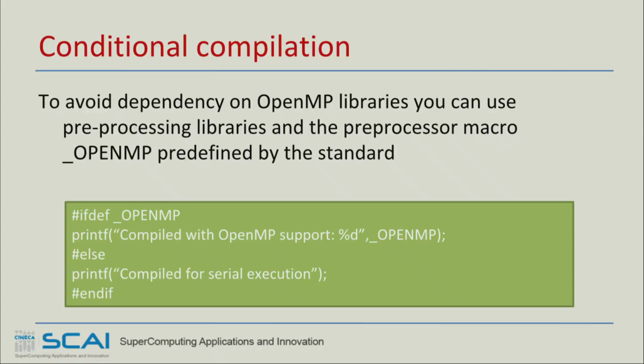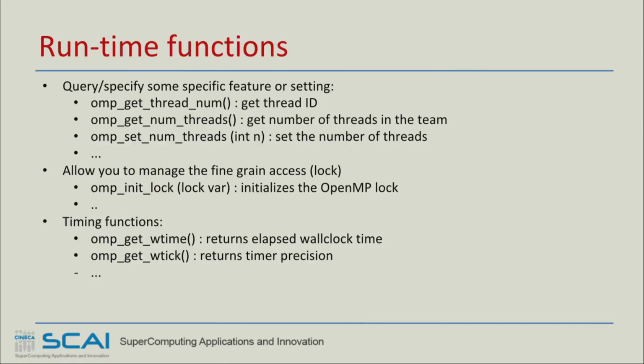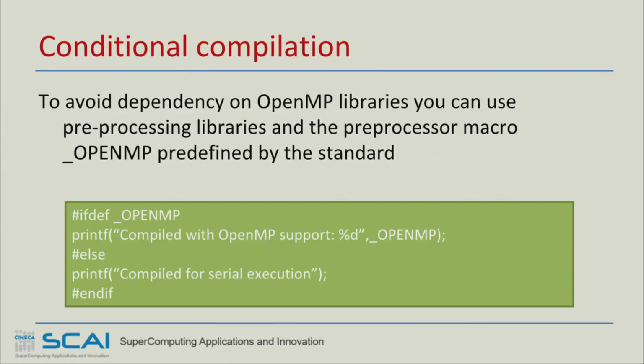For this, there is a macro that is defined when you use the flag for OpenMP. Every time you add the OpenMP flag, this macro _OPENMP is defined. So a good practice is, every time you want to use these functions, to wrap them inside an #ifdef with this macro _OPENMP.